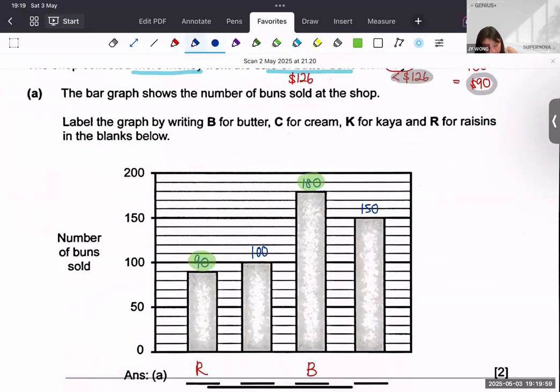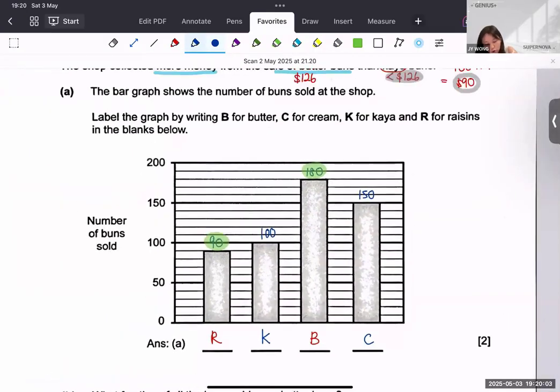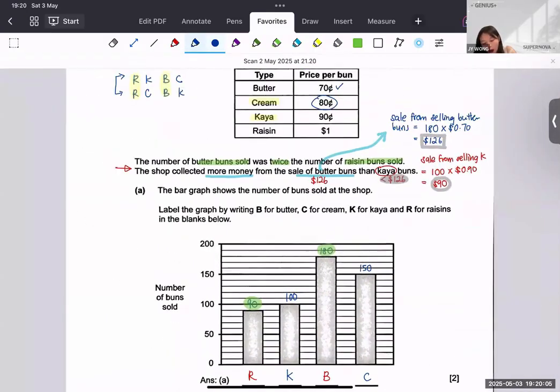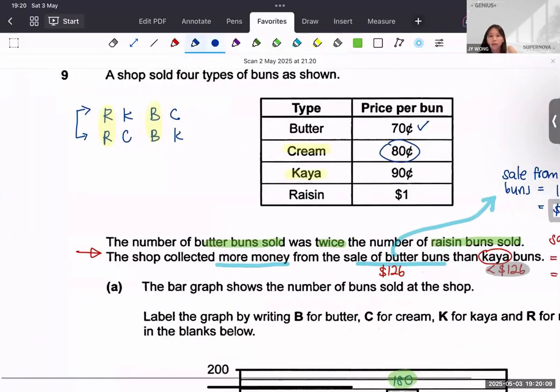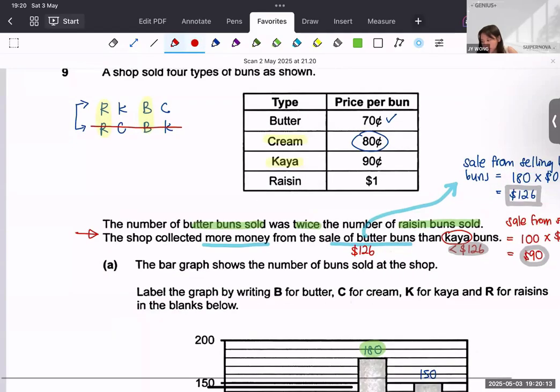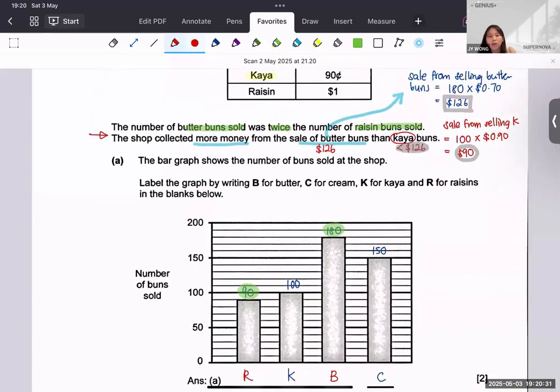So it must be K here and C must be here. So those who chose RCBK are wrong. The one that's correct is RKBC. So please make sure you read the question carefully. Make sure you identify all the key information from the question.